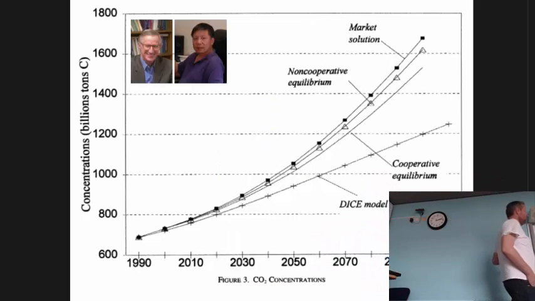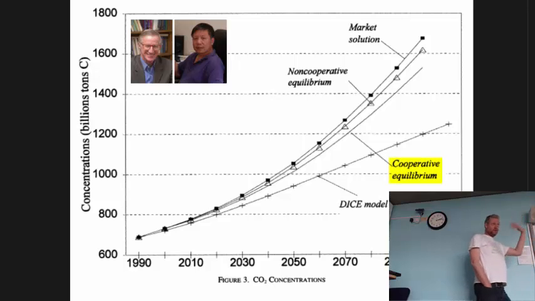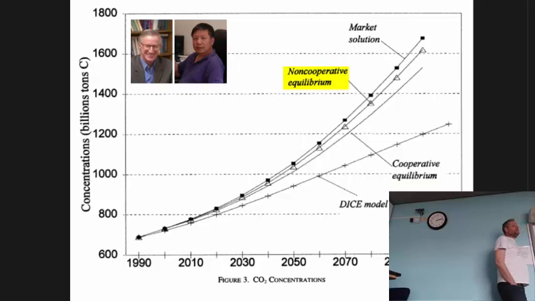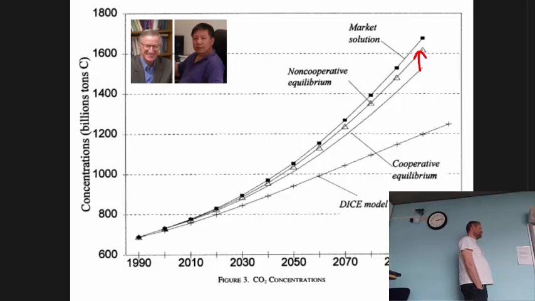That explains the difference between the cooperative equilibrium, where you take into account the damages across the world, versus the non-cooperative equilibrium, where you only take into account the damages that fall on your own country. And what you see is that the non-cooperative equilibrium leads to higher greenhouse gas concentrations in the atmosphere than the cooperative equilibrium. This is exactly what you would expect.